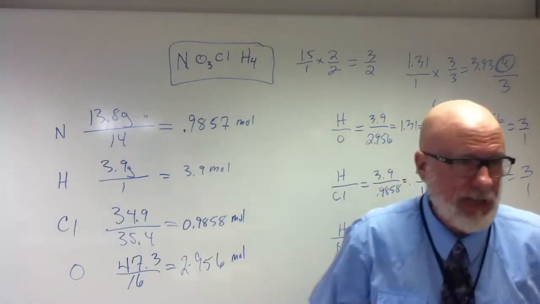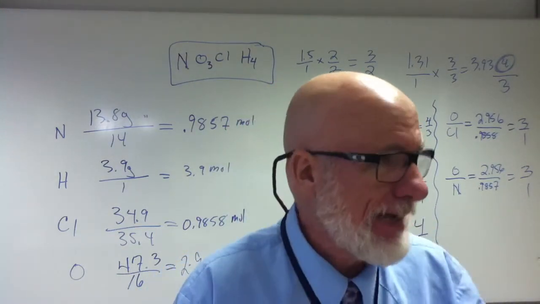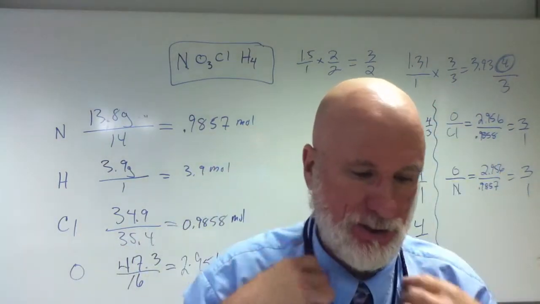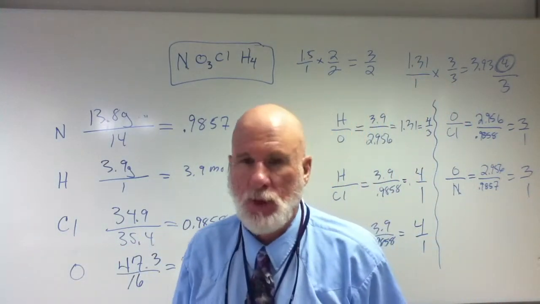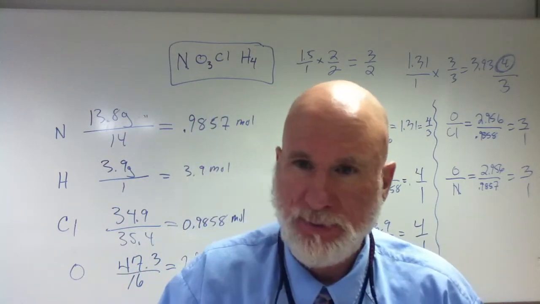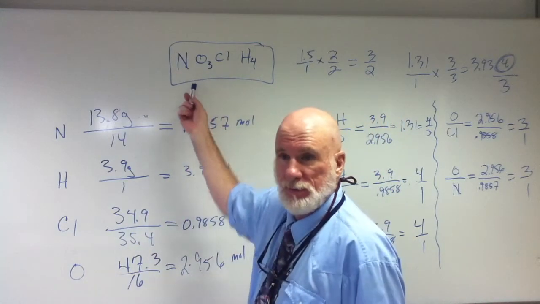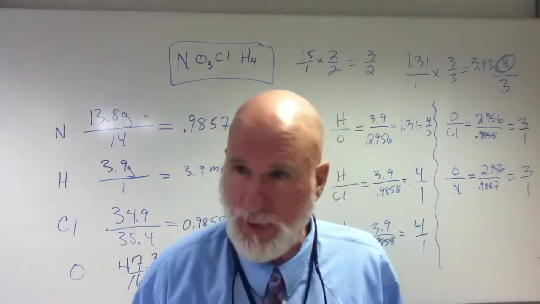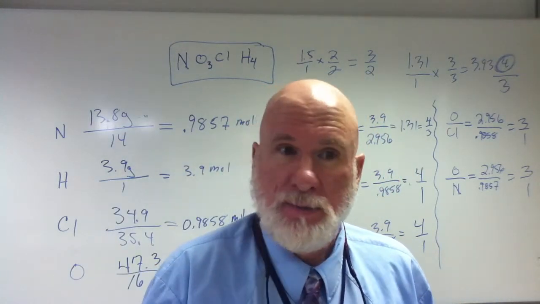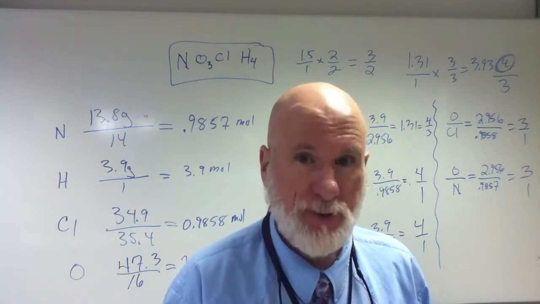You understand that? Now, if I gave you a test and I said to you, what's the empirical formula given these percentages of these elements? And you told me that this was it. Yes? I would give you full credit. Because the next question would be a separate question.